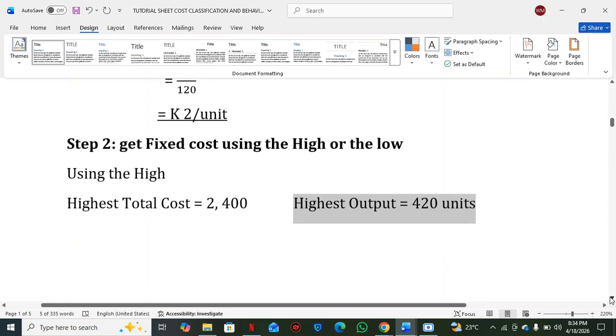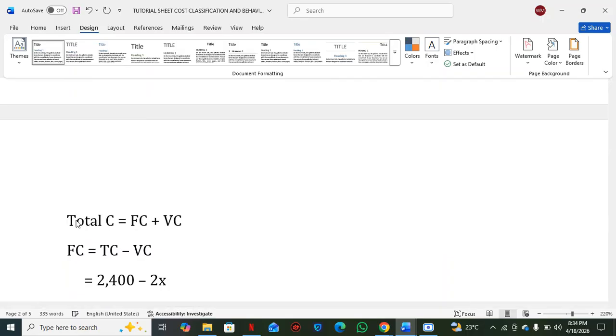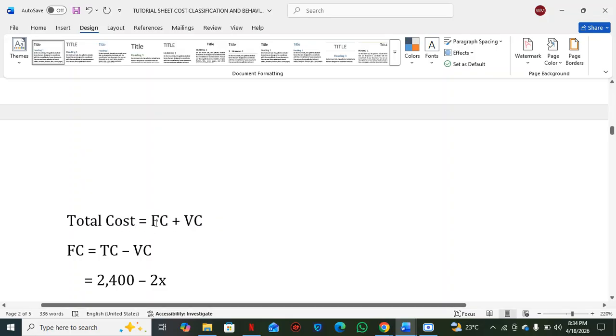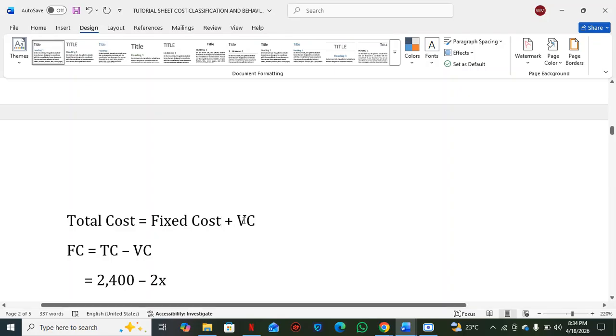So this is what we're going to do. If you remember this formula from economics, total cost equals fixed cost plus variable costs.